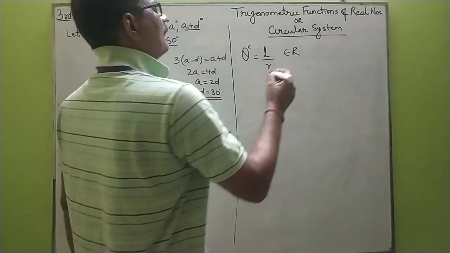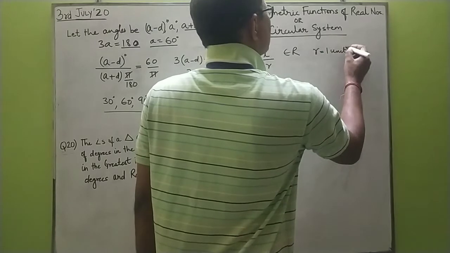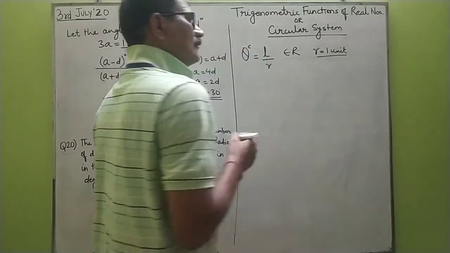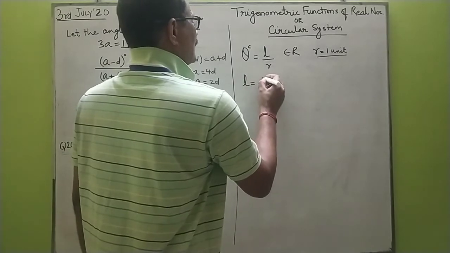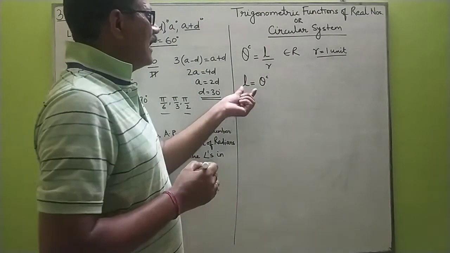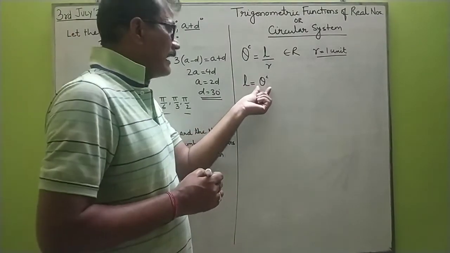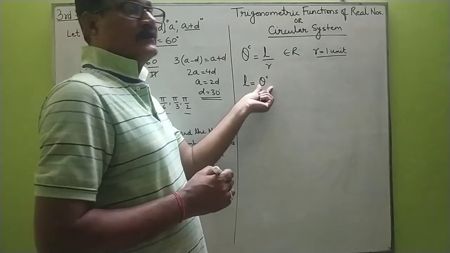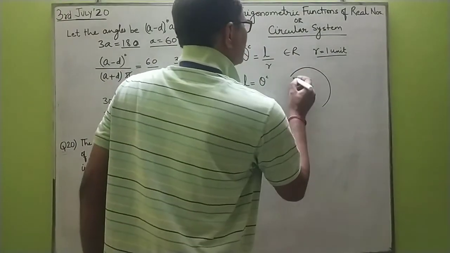Now what will happen if R is equal to 1 unit? That means if I take a unit circle, what will happen? Then the length of the arc will be equal to the radian measure of the angle subtended at the center. So the length of the arc will become equal to the angle subtended at the center. That means if I take a unit circle, this is a unit circle.